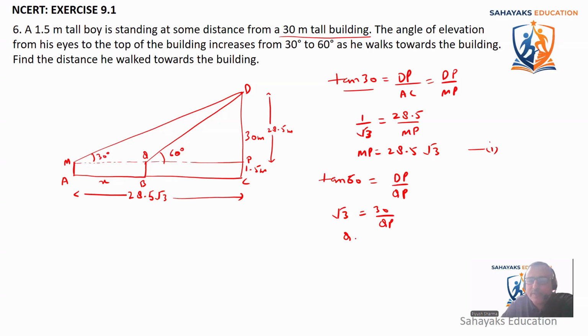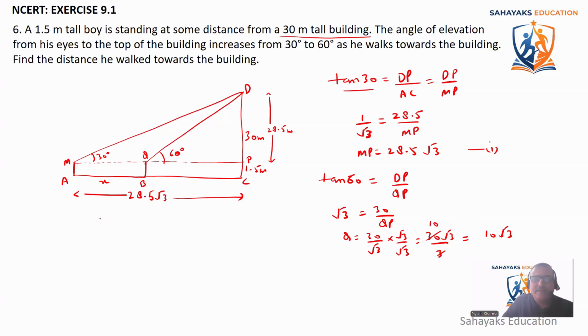Now, QP comes out to be 30 divided by root 3. If we rationalize the denominator, it comes out to be 30 root 3 divided by 3. So it comes out to be 10 root 3.